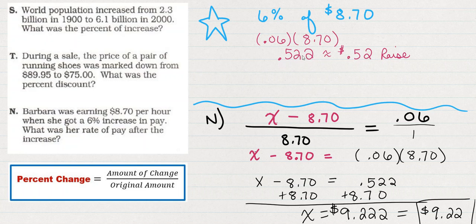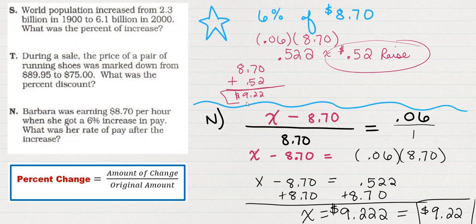If I round that to the nearest cent, I can see that the raise is 52 cents. And if her starting pay was $8.70, then when I add the raise, I get the same $9.22 as her new rate of pay.